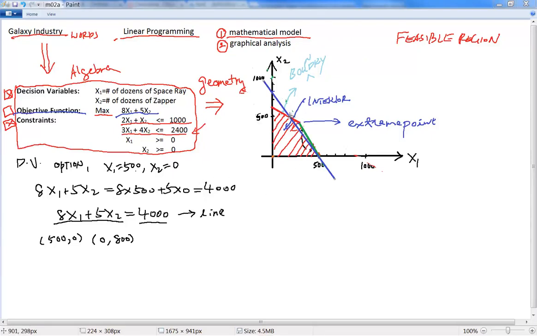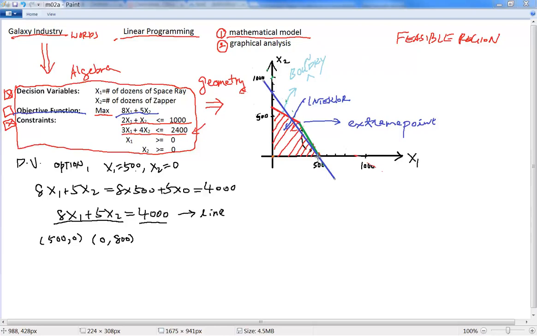And those plans represented outside of the feasible region are, of course, not feasible because they violate at least one constraint. So this segment is not feasible, this segment is not feasible, and the segment in between are the feasible solutions.